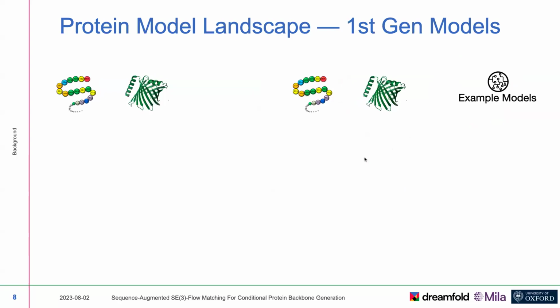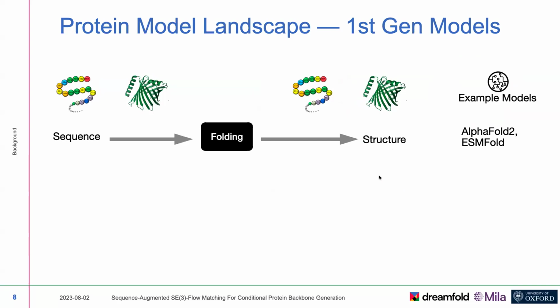And so the main protein models, the first generation, if we can say it like this, we'll just quickly review them. One of the main ones people know are AlphaFold-2 and ESMFold. The task here, or the data they deal with, is you take as input a sequence and you output a structure.